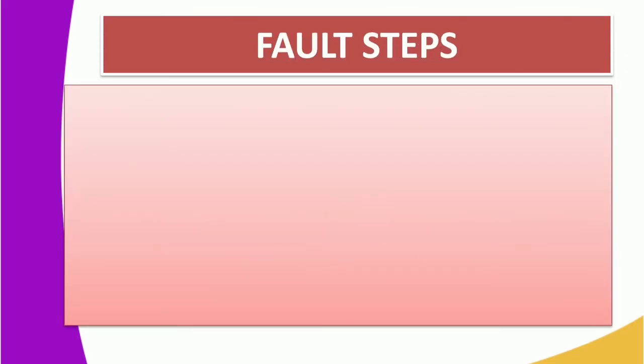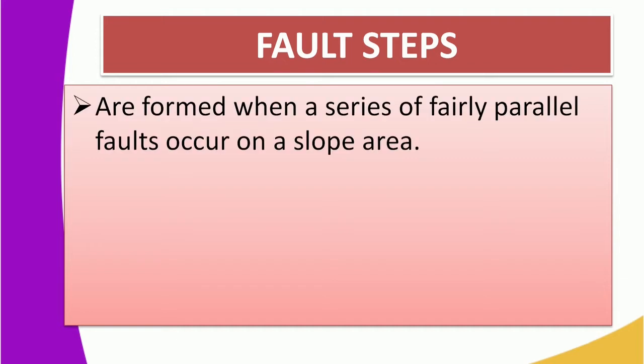Another feature resulting from faulting is the fault step. A fault step is formed when you have a series of fairly parallel faults that occur on a slope area.